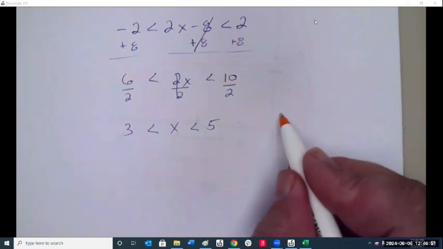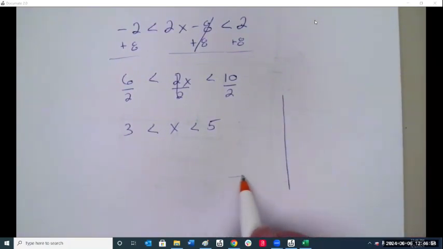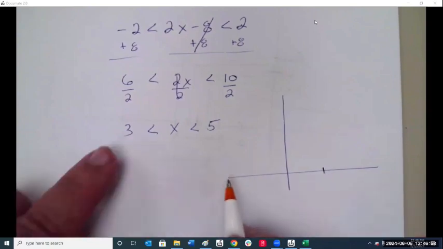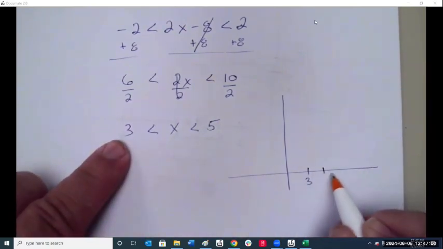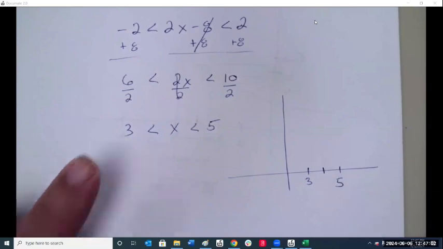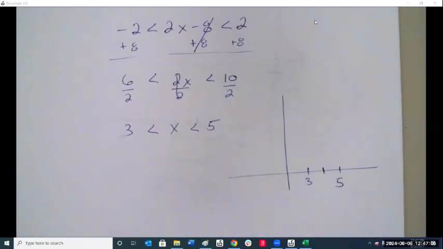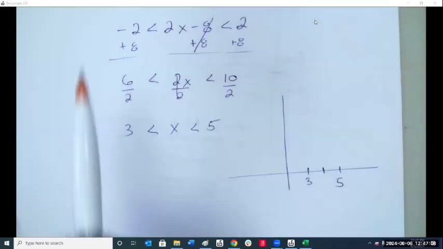So what this thing says is this. In my x value, it has to be between 3 and 5. It's less than 2 units.